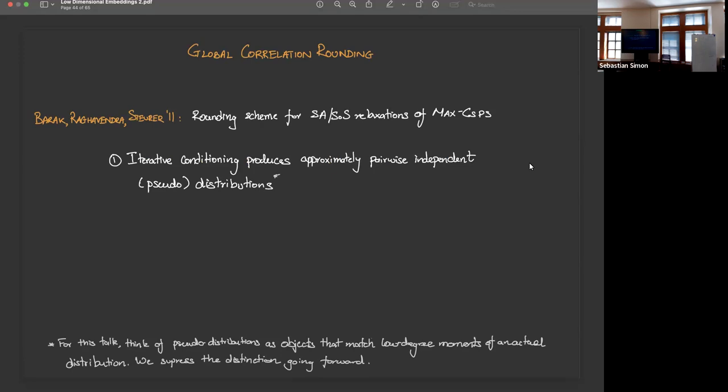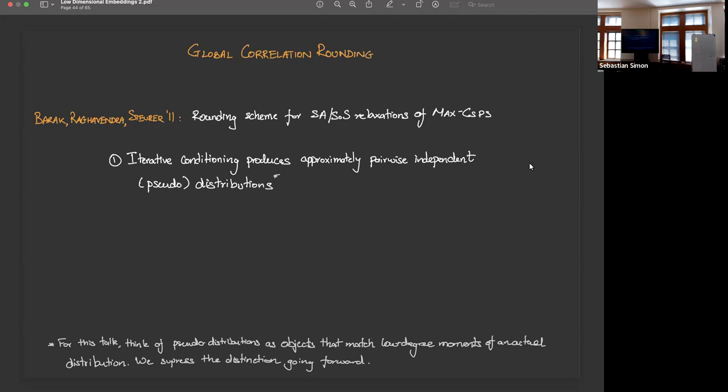I don't really have time to explain what these things are, but for now, suffice it to think of this as outputting a distribution over solutions. It's not quite a distribution, it's going to match low degree moments of the distribution, but for the purposes of this talk, the distinction is irrelevant. You can sample from this distribution.